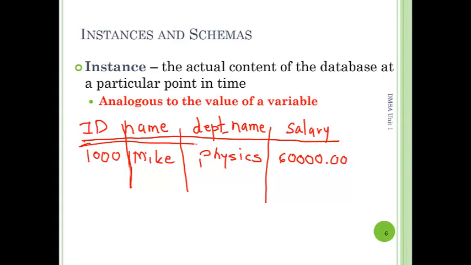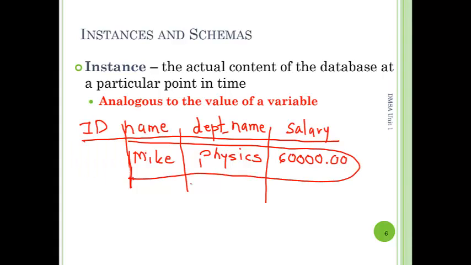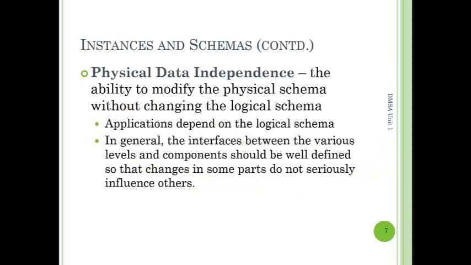This is the whole record from which the instructor gets identified. This is called the instance. It is the actual content of the database at a particular point in time. So these are the basic concepts of instances and schema.